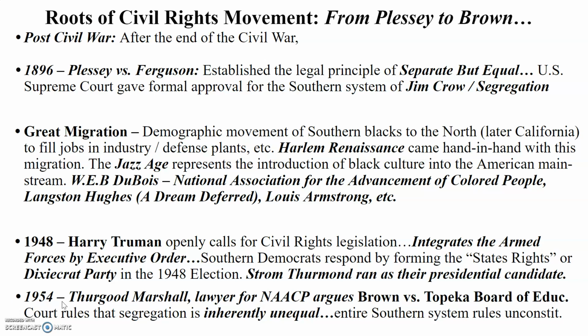And we can see that best in the 1896 Plessy versus Ferguson Supreme Court decision, which establishes the system of separate but equal. That in turn will create a system of de facto and de jure racism. Now remember, de facto racism is racism outside of the purview of government. It's just racism that people have, right?